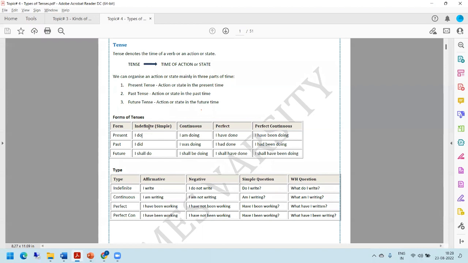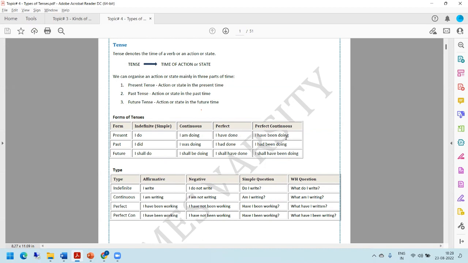For example, if I say I provide English training, this is present indefinite. In present continuous, I will say that currently I am providing business English training to this batch. Let's say I have completed training for a batch; then I will say I have completed business English training for a batch.